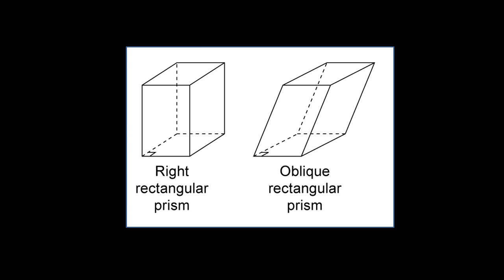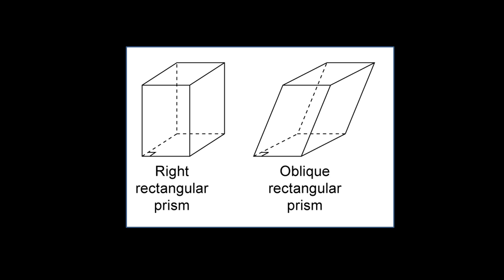Now, saying that those bases are connected with parallelograms is exactly right, but sometimes the parallelograms that connect up the bases are actually rectangles, and in that case we call that a right prism. And if the shapes that are connecting up the bases are truly parallelograms that are not rectangles, then we call that an oblique prism.